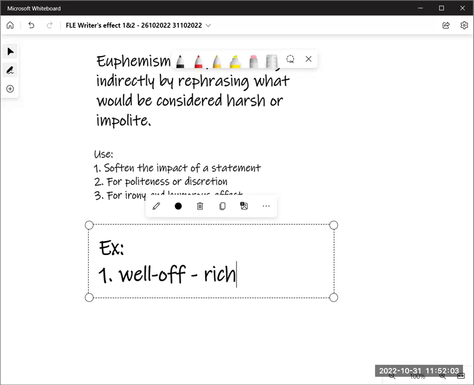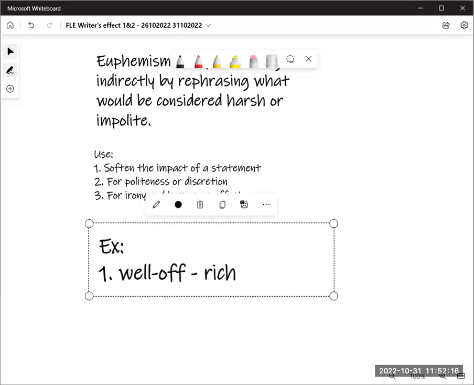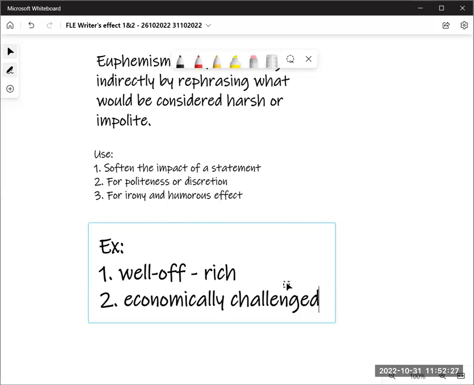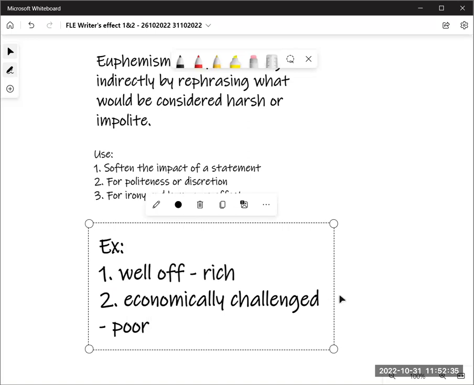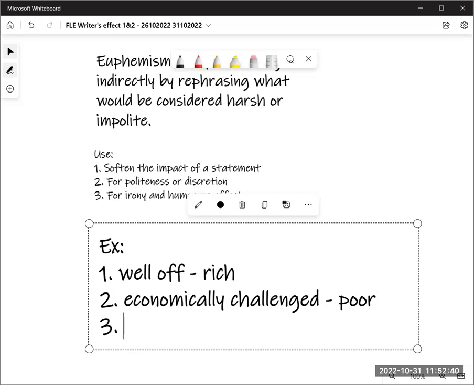You're giving a less dramatic effect, you're softening the impact. Let's try another one for poor: economically challenged. Now this one basically means poor. Because poor and rich would be considered kind of rude to say to someone, so we say something like this.